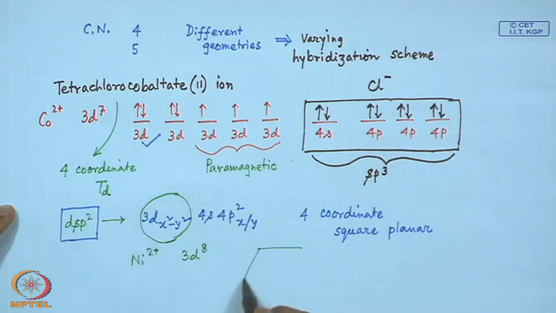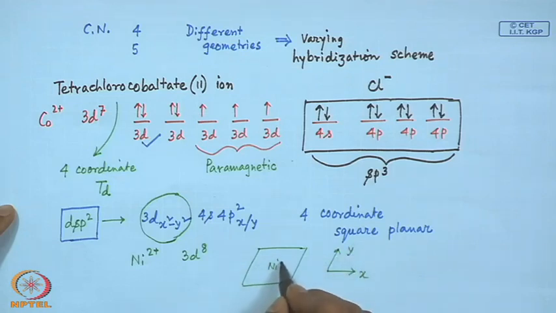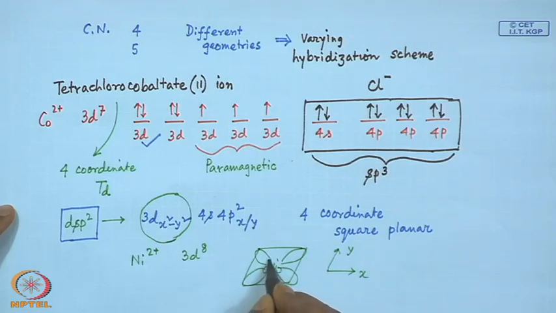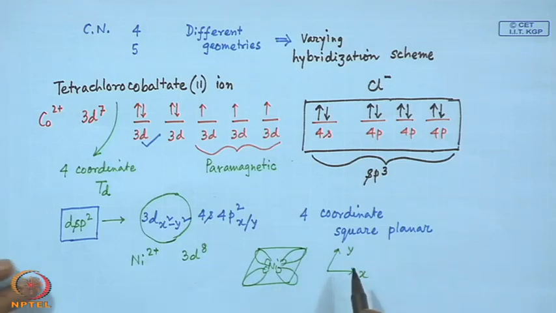So this is the plane which is x and y. So nickel is sitting over there, and we have 4 hybridized dsp2 orbitals, so that is why they are in the xy plane.